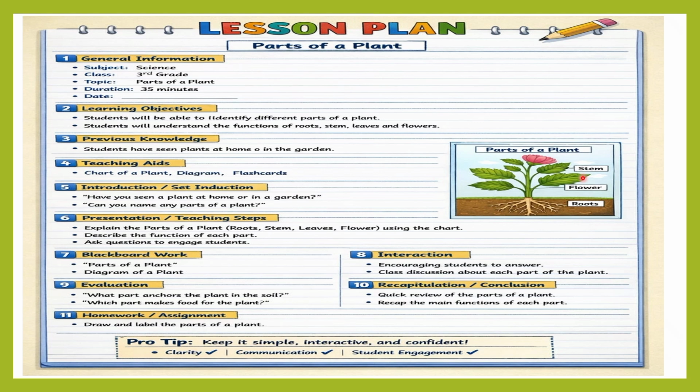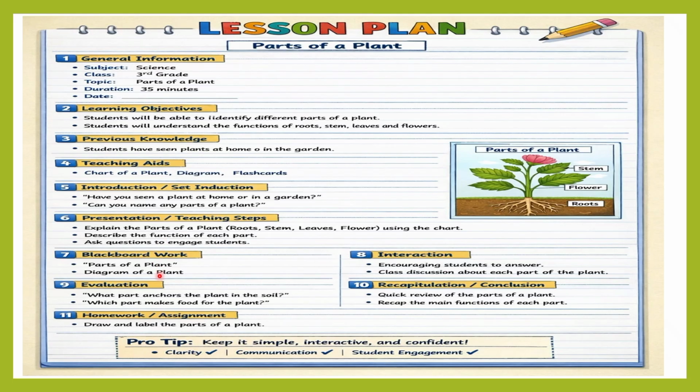If they know something about roots, then they are also coming up with the answers and their experiences, and they are also sharing. So there's an active, interactive class going on, which is very important, very much needed.